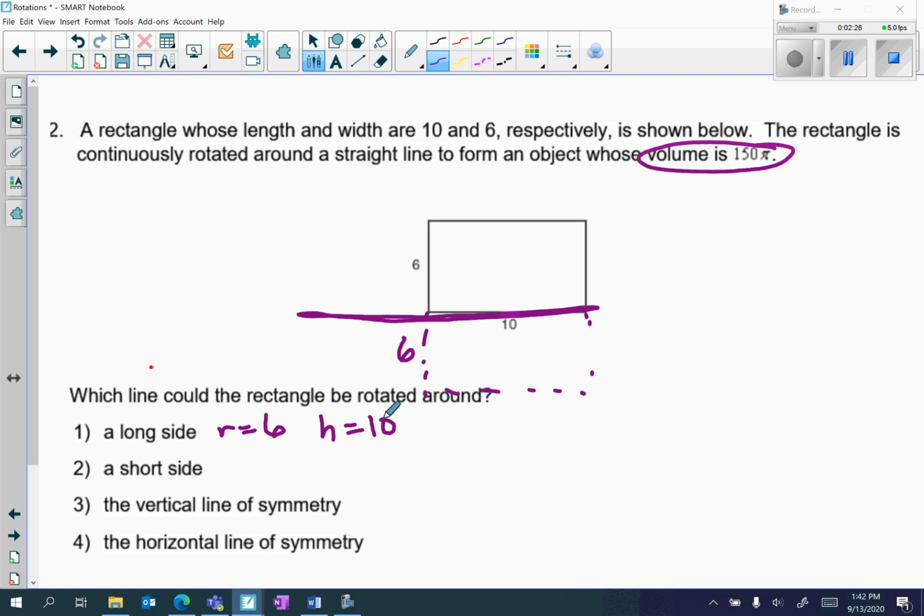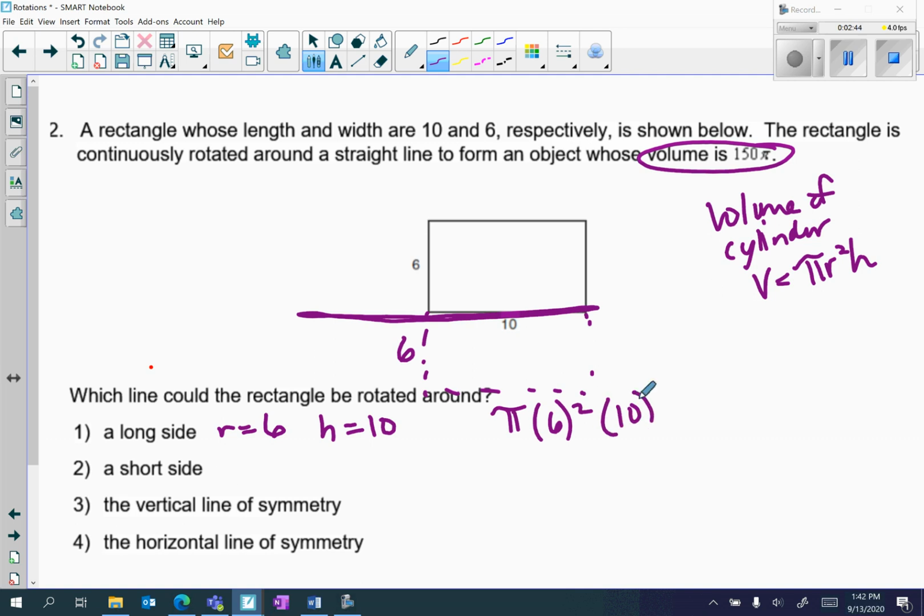To find the volume of a cylinder, it is pi r squared h. So pi times the radius, which is 6 squared, times h, which is 10. Remember, we're looking for the volume to be 150 pi. 6 squared is 36. 36 times 10 is 360 pi. So this is not 150 pi, so answer choice 1 is out.